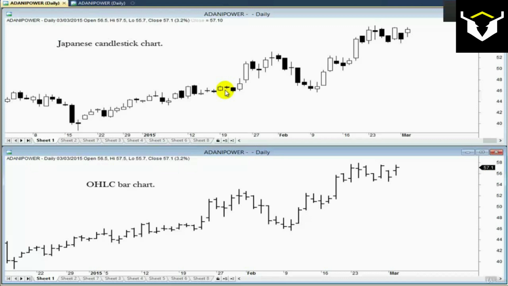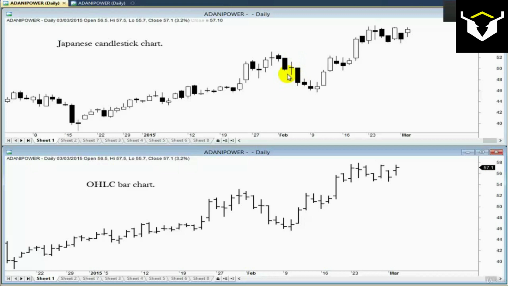You can see here, this big white candlestick suggests that it had a strong close. A big dark candlestick suggests a strong selling day. A candlestick with longer shadows but a thin body suggests that prices failed to go anywhere.